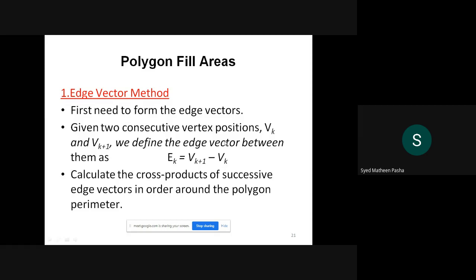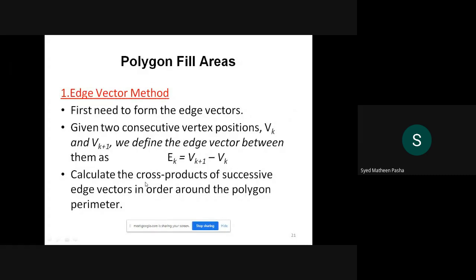We define the edge vector between them. As the name suggests, it is nothing but an edge vector. I can represent it as Ek. I can take this edge vector as the subtraction of the previous vertex from the next vertex, that is Vk plus 1 minus Vk.